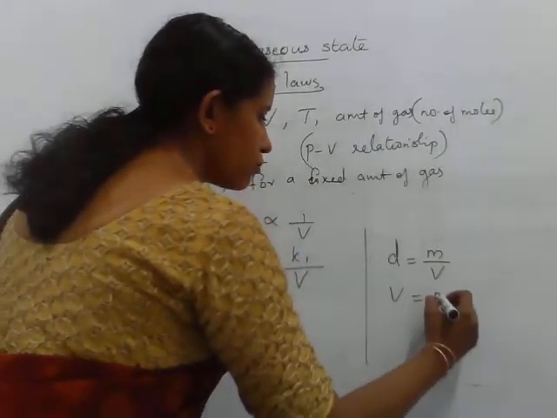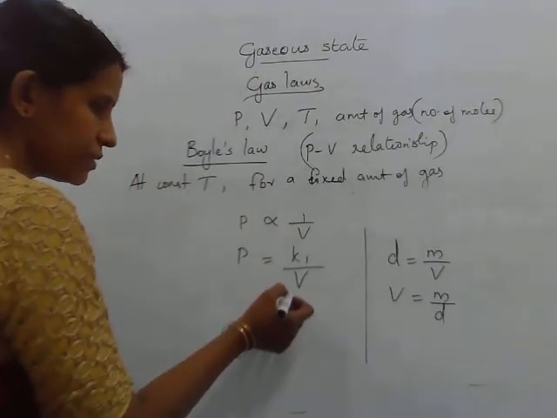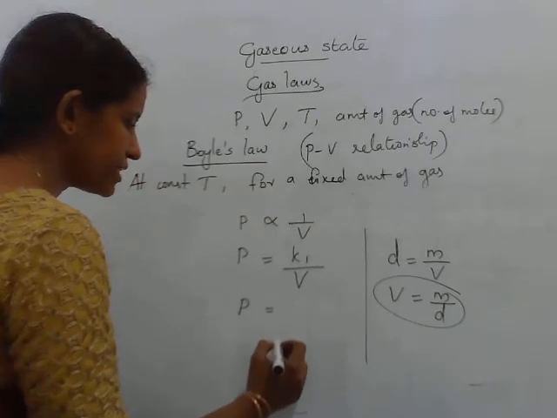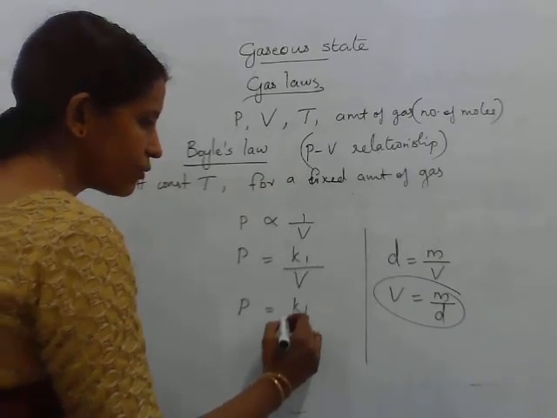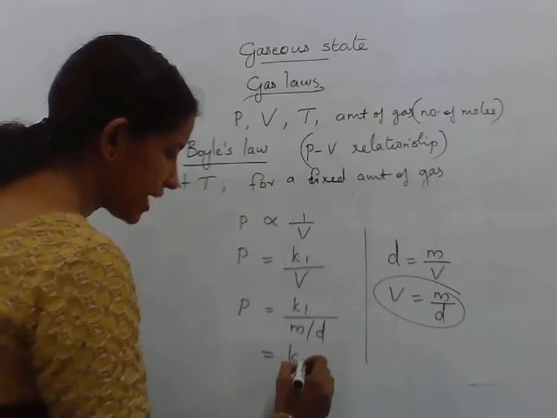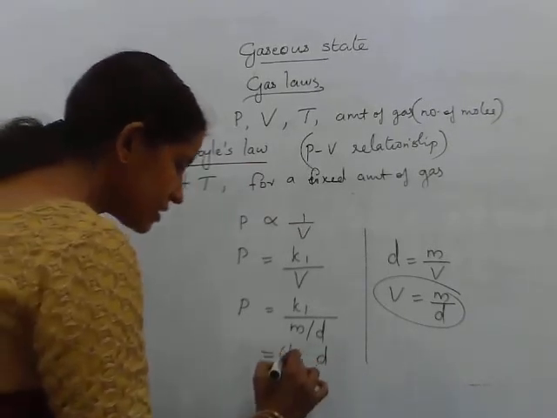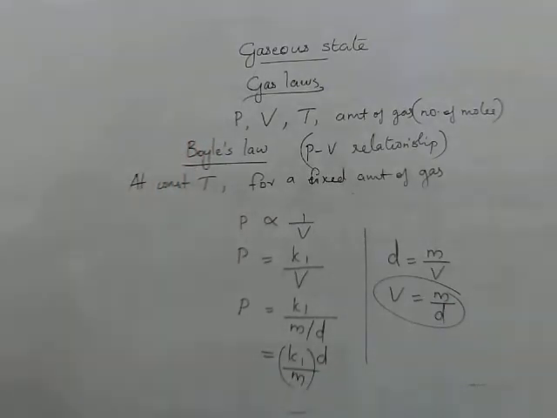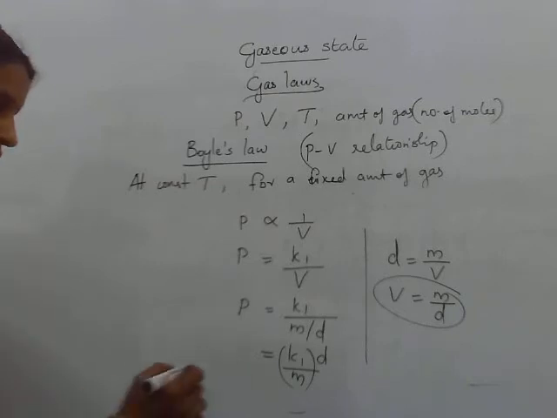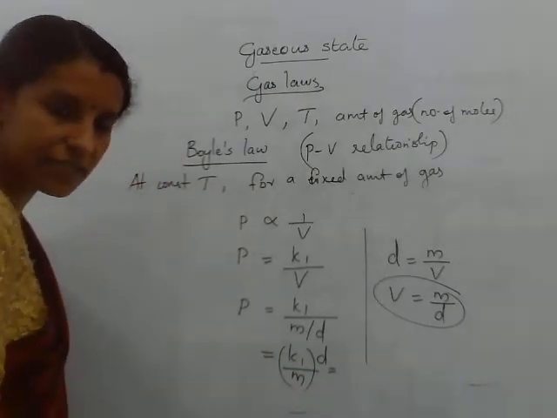So volume will be equal to mass divided by density. Substitute this volume in Boyle's law. We get P is equal to K1 divided by mass by density. Rearranging, we get K1 into density divided by mass. This K1 by mass is a constant because K1 is the proportionality constant and the mass of a substance is also constant. So a constant divided by another constant gives another constant.